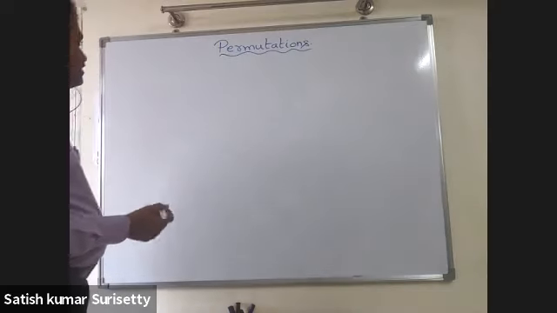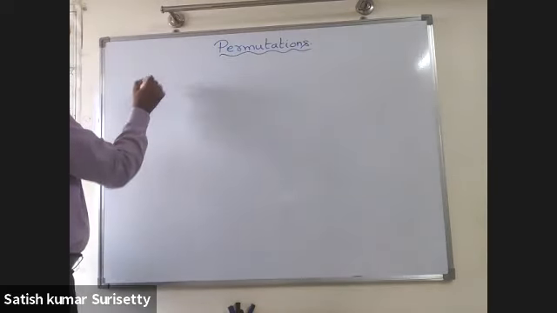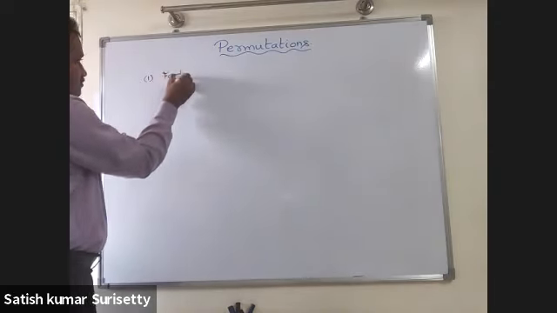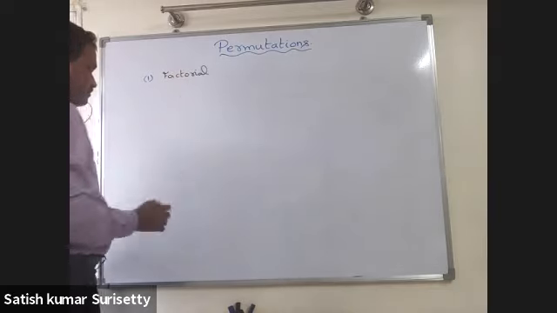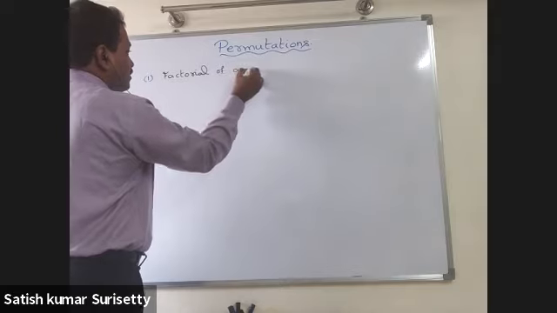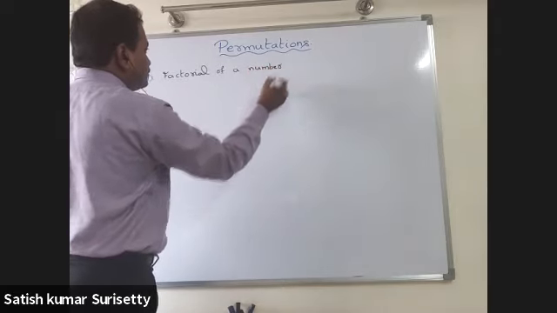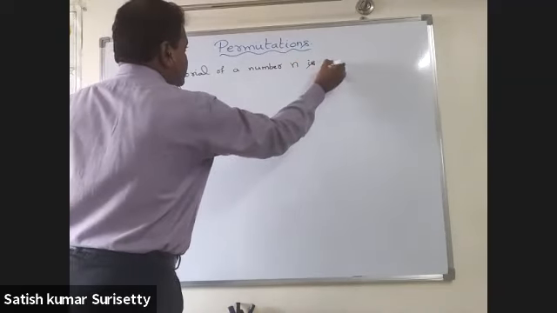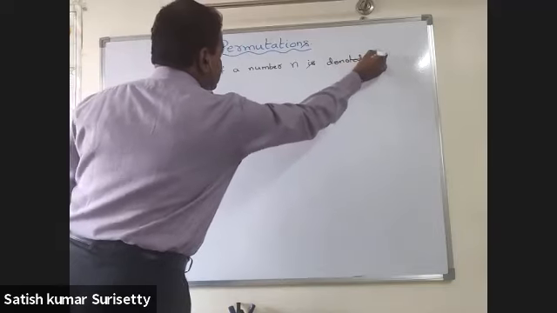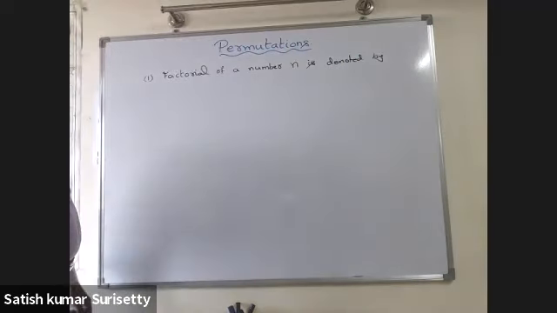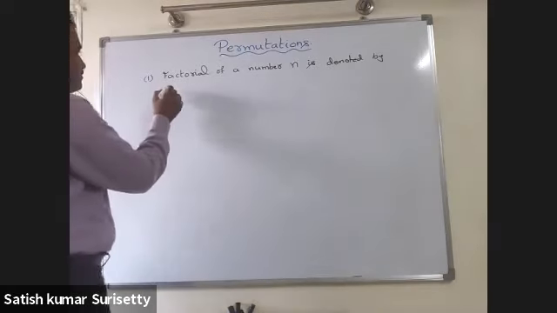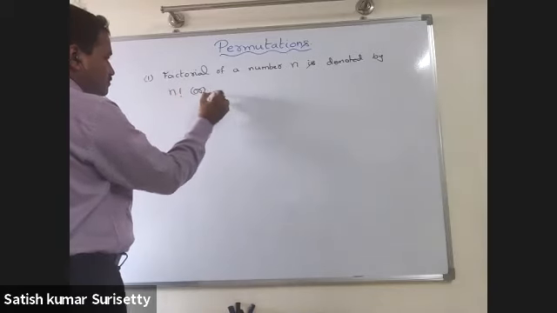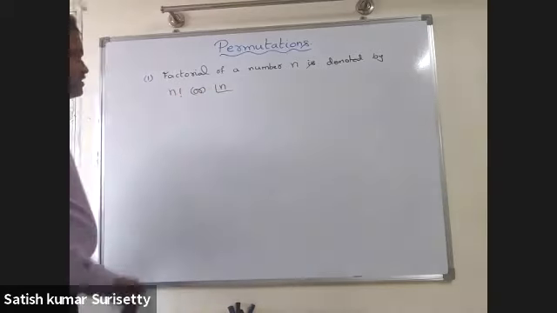So in the topic permutations, let us discuss first what is factorial of a number. Factorial of a number n is denoted by n! or by the other notation; these are the two ways of representation.